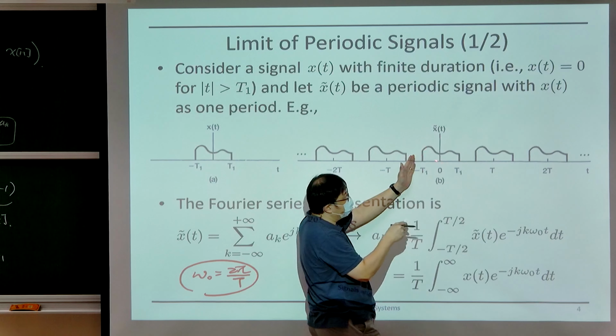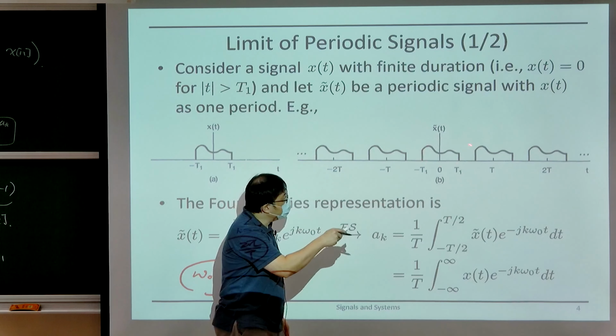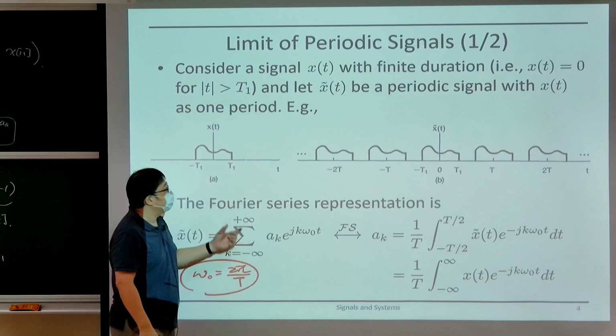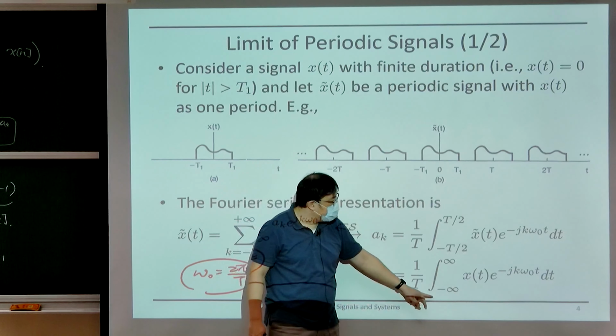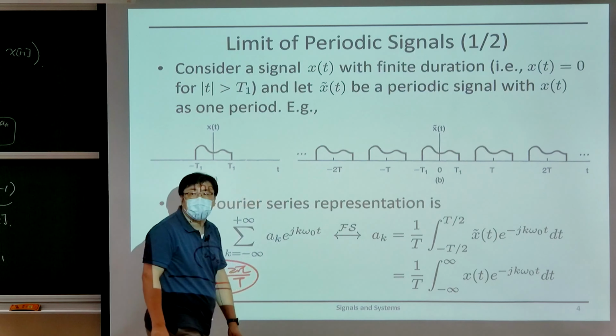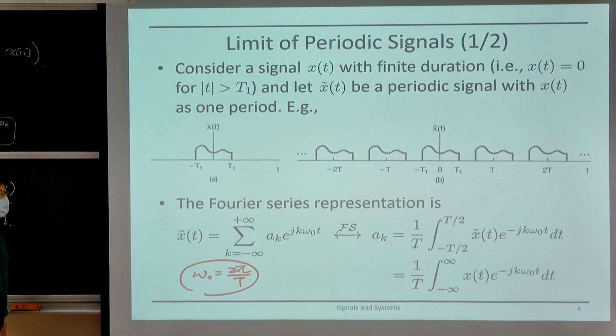So when we're integrating over this range, we're essentially integrating over x of t from minus infinity up to infinity. So a_k you can view as 1 over T, the integral of this aperiodic signal times e to the minus j k omega naught t dt.